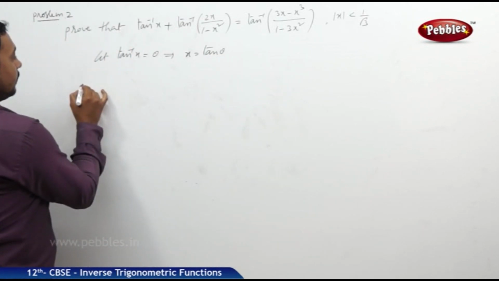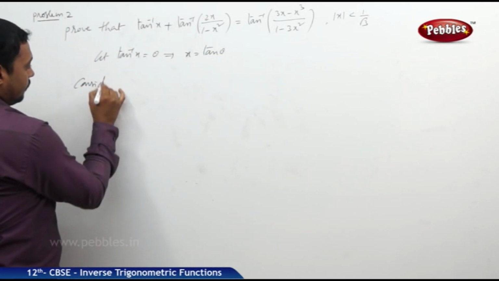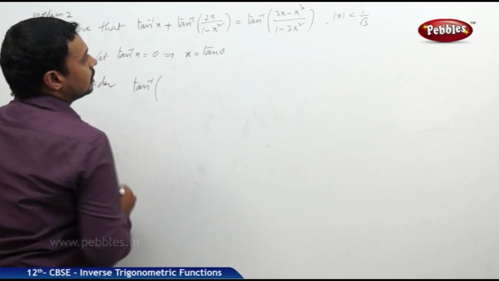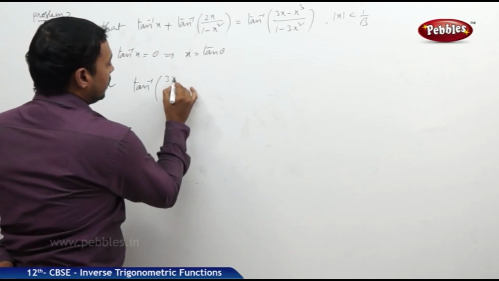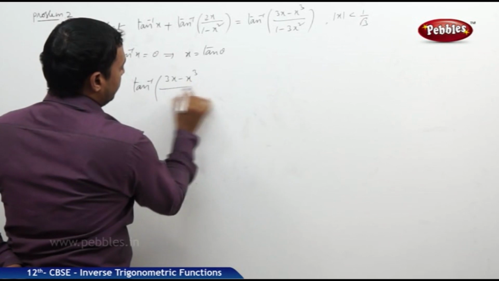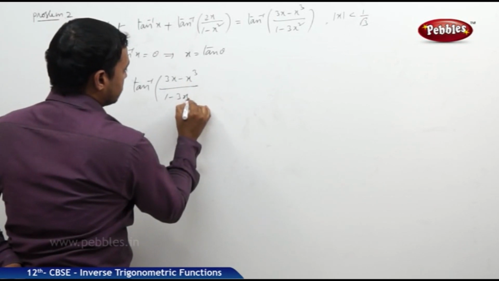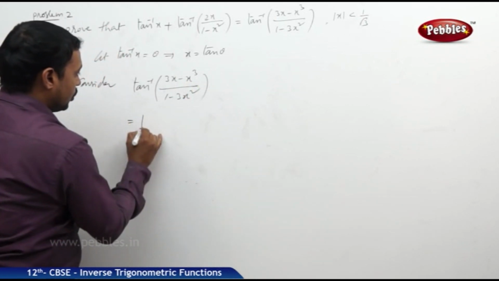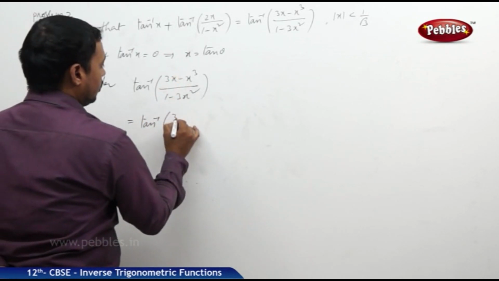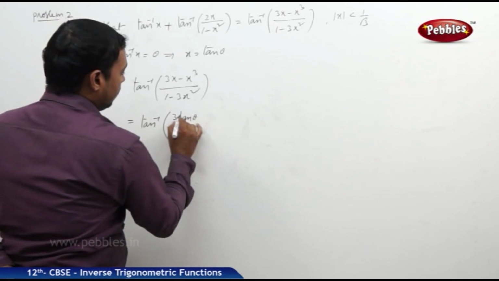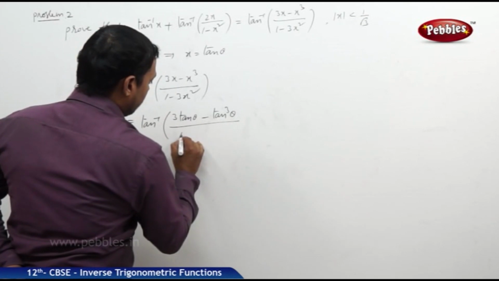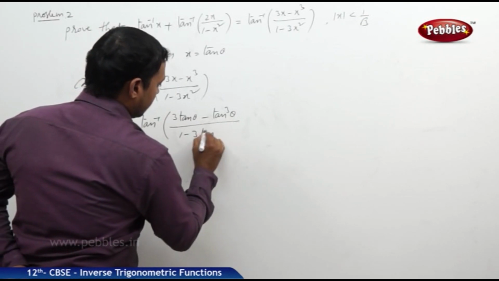Now, consider tan inverse of 3x minus x cube by 1 minus 3x square. Put x is equal to tan theta here: tan inverse of 3 tan theta minus tan cube theta, whole divided by 1 minus 3 tan square theta.